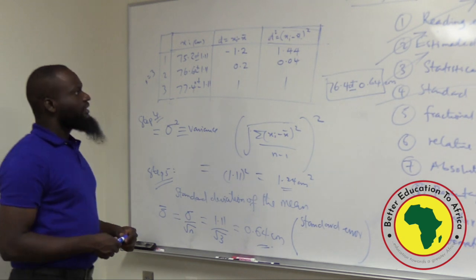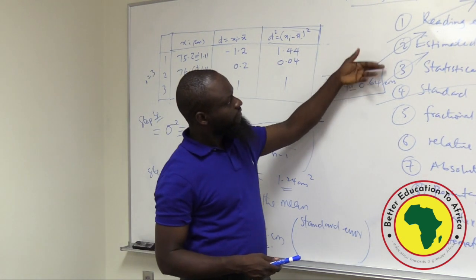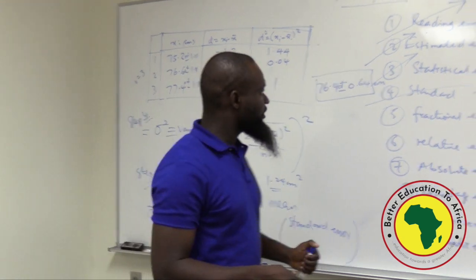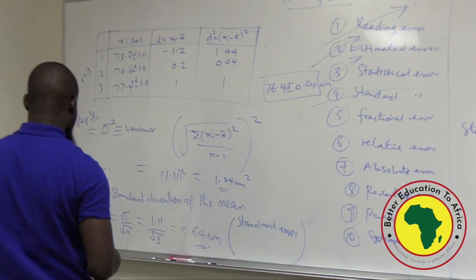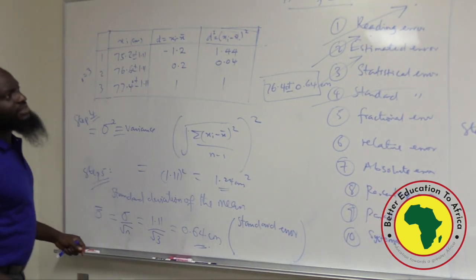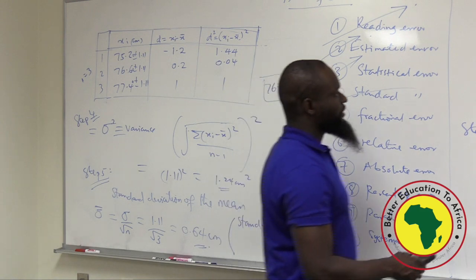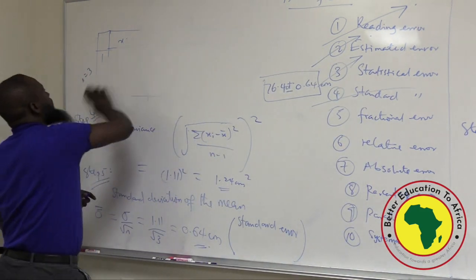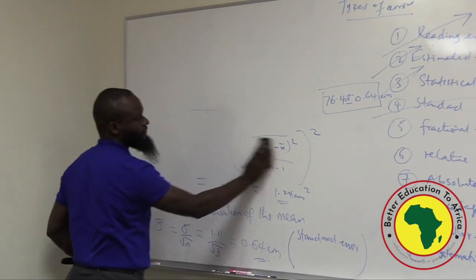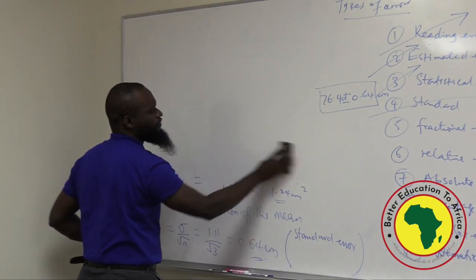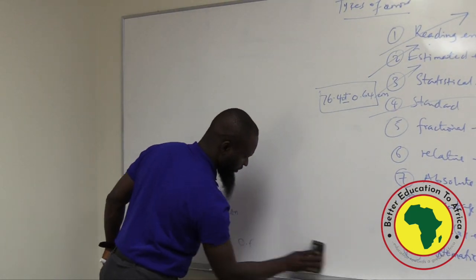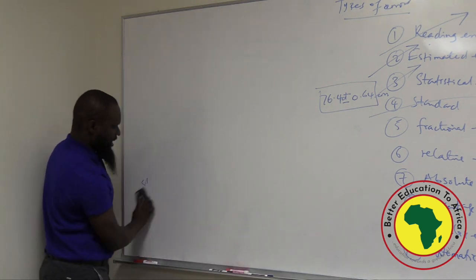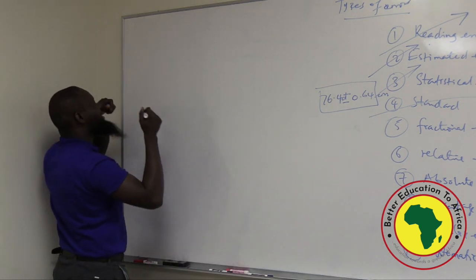Okay. Now we've seen 4 different errors. Let's look at what we call the fractional error. To understand the fractional error, I'm going to show you something. I want you to take a look at these two values with their errors and tell me the one you think has a higher error.